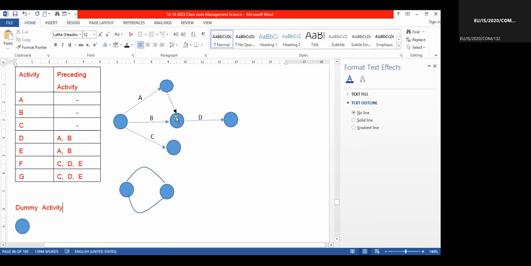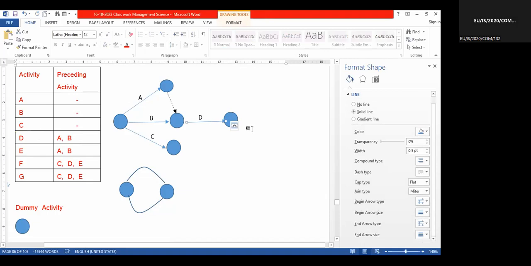So from this point, you see A is connected, B also. From A and B, D is coming. That means after completing activity A and B, D is started and finished. Also after completing activity A and B only, E also starts.